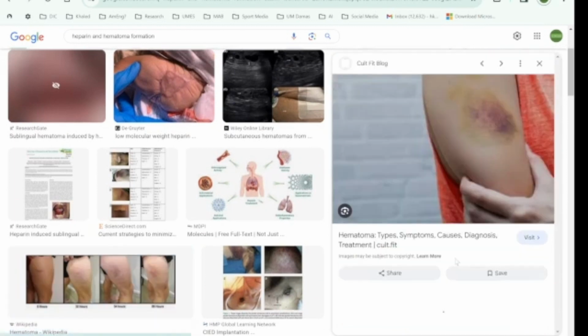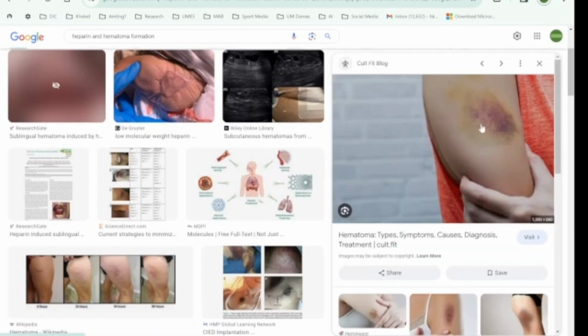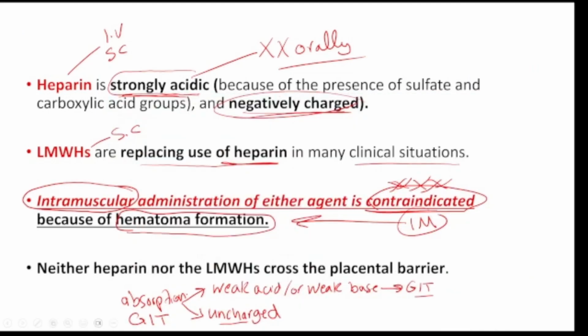Another one, this is coming from the injection of heparin, treatment with heparin. So we prefer to say contraindicated: not allowed to prescribe heparin to the patient by the intramuscular route of administration.